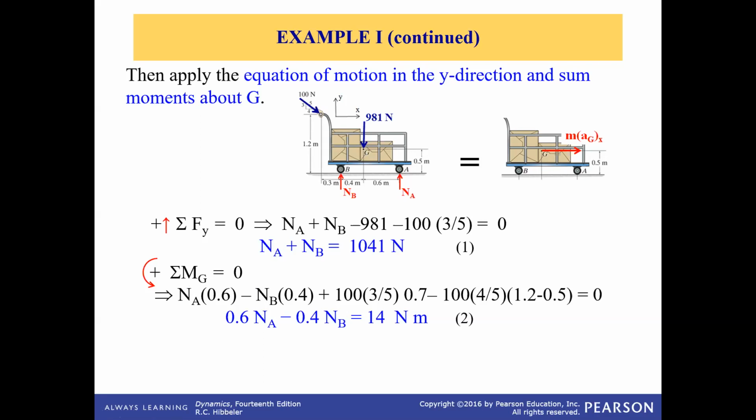The normal force at point A should make the system rotate counterclockwise, so that's positive. Usually we take counterclockwise rotation to be positive and clockwise to be negative. So NA gives a positive torque, and NB gives a negative torque because it makes the system rotate about G in the clockwise direction.